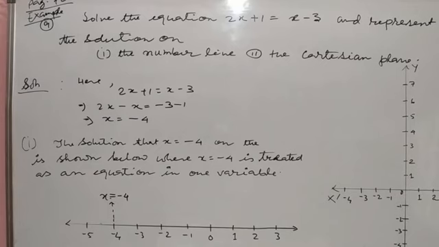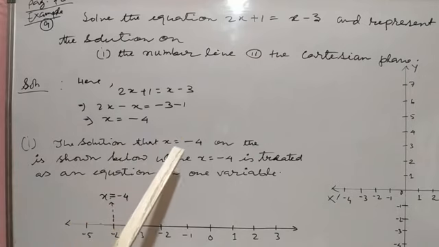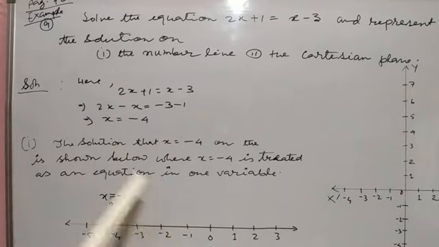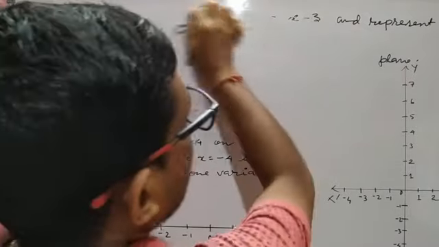Now this has to be represented in the Cartesian plane. So we know that to represent in the Cartesian plane, the equation should be an equation in two variables. So let us see how to write this.